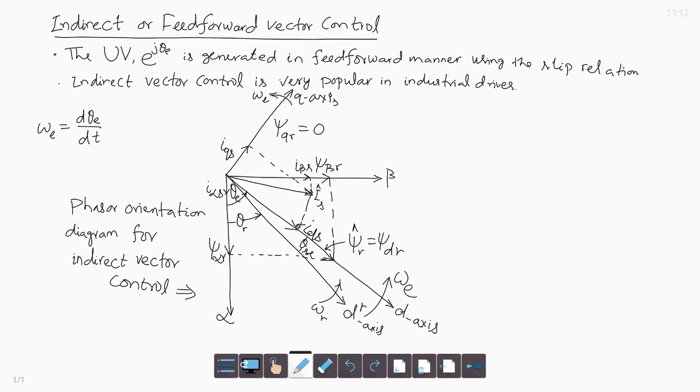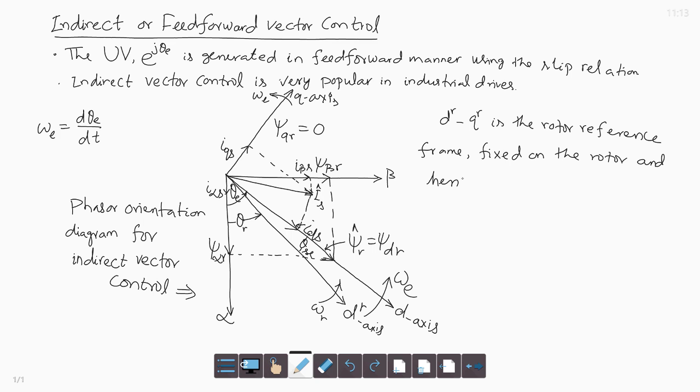So, we have the dr qr rotor reference frame, fixed on the rotor, and hence rotating at speed omega r.